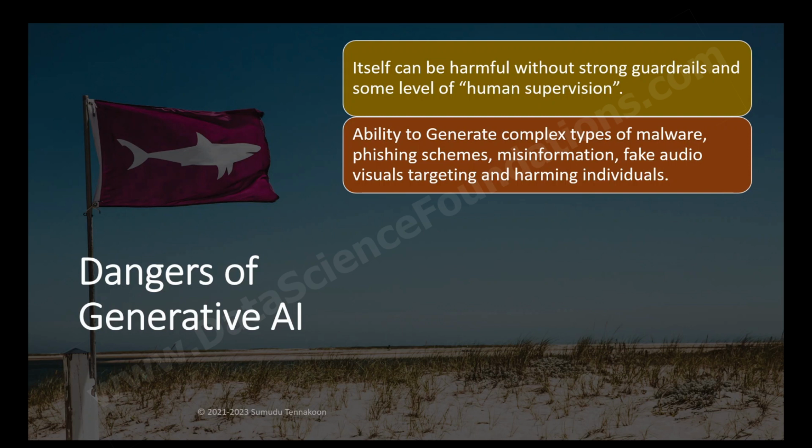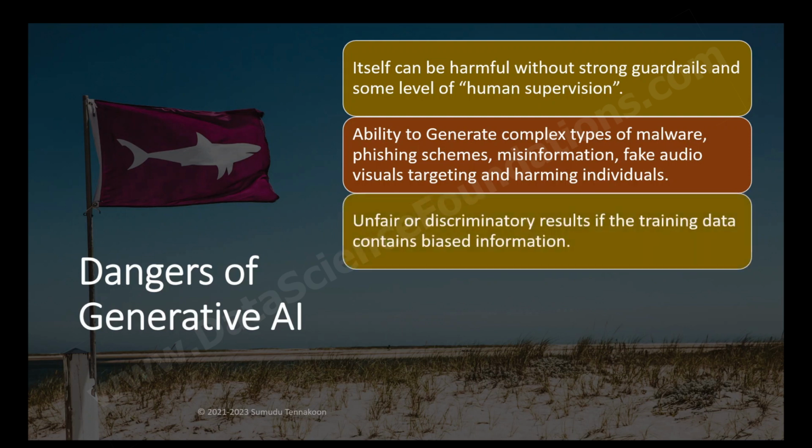Again, the technology is not itself harmful, but whoever is controlling it, whoever is using it, can be very harmful. As we discussed with the issues, it can generate unfair or discriminatory content. That is again based on the training and the bias in the training data.